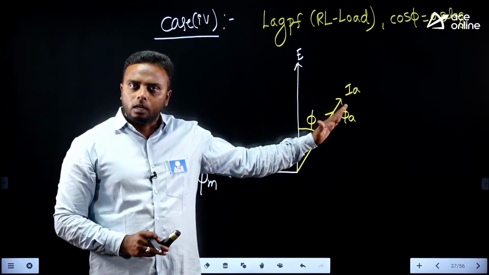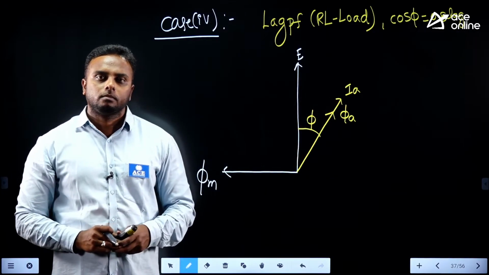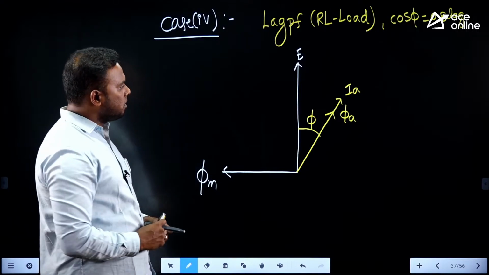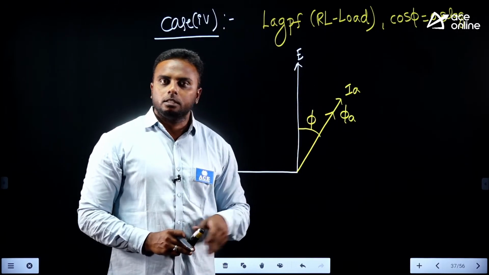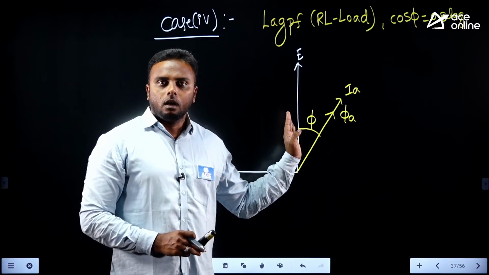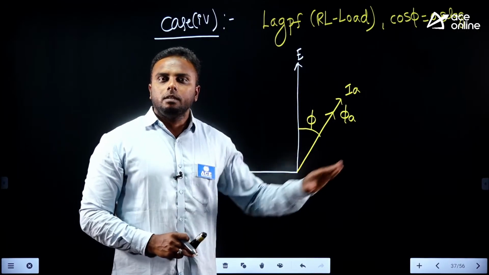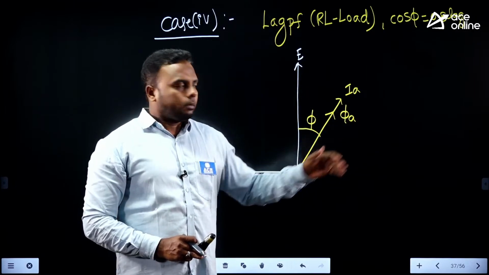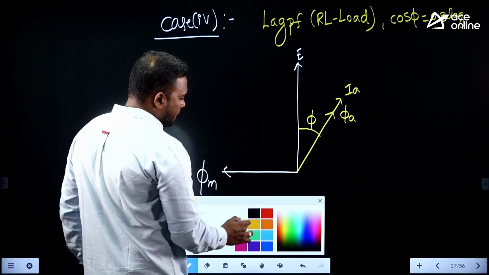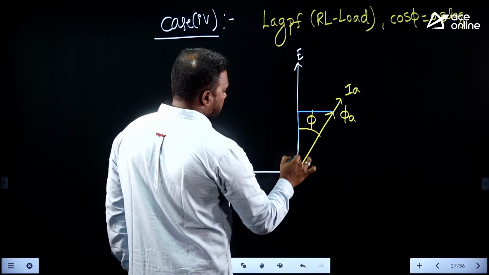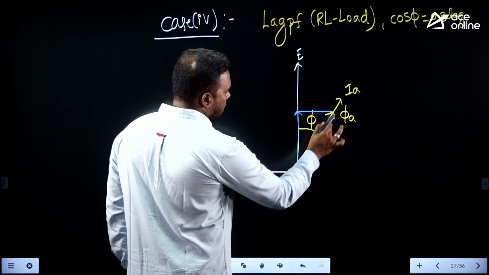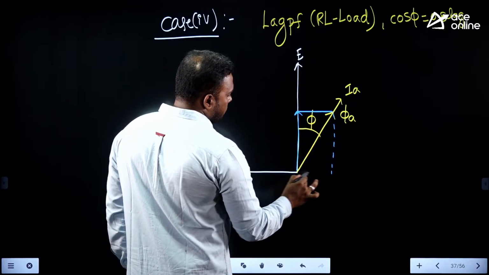Now check what happened. What is the effect of armature flux on main flux here? It is not 90 degrees and not 180 degrees, so it is in between. So we will resolve this armature flux into two components, one along this axis and the other along this axis.